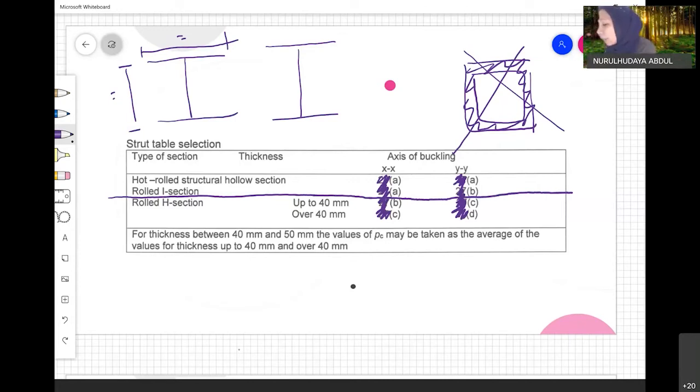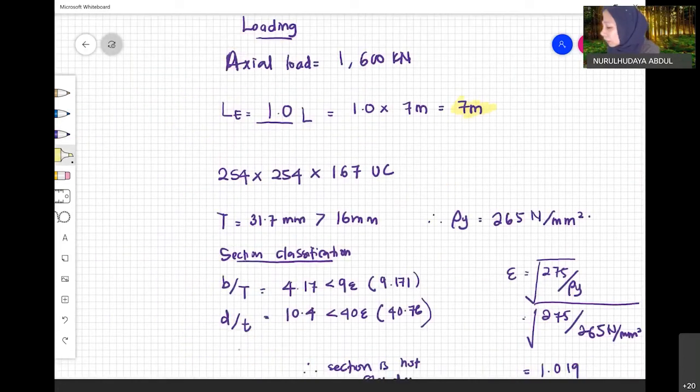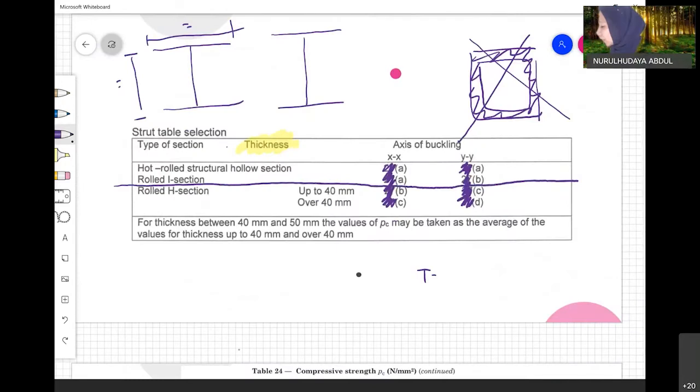Whether it's up to 40 mm the thickness ataupun over 40 mm. Kita dah ada pernah keluarkan thickness 31.7 mm. So that is the thickness. T is 31.7. So kalau you tengok dekat sini up to 40 mm, 31.7 adalah up to 40 mm sebab 0 sampai 40 adalah up to 40 mm.